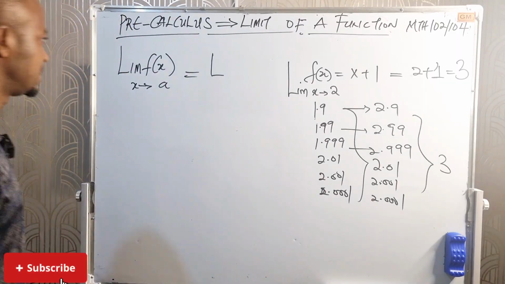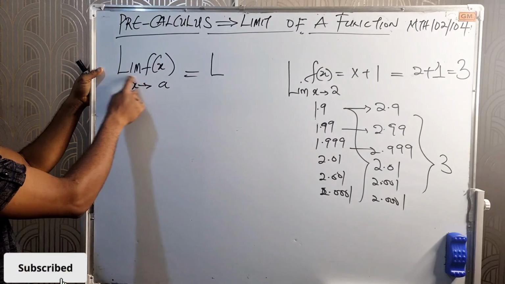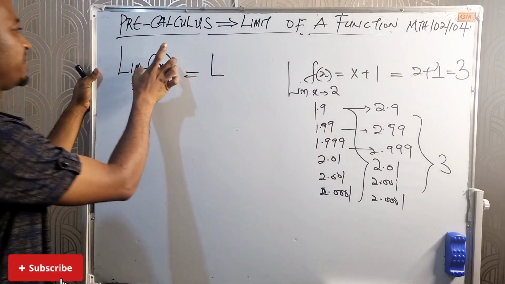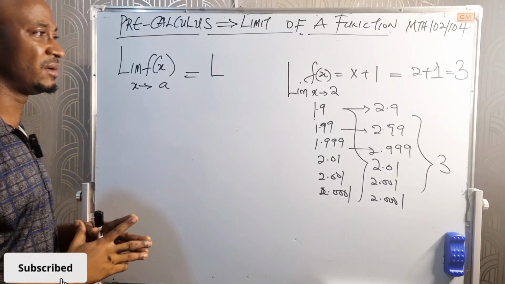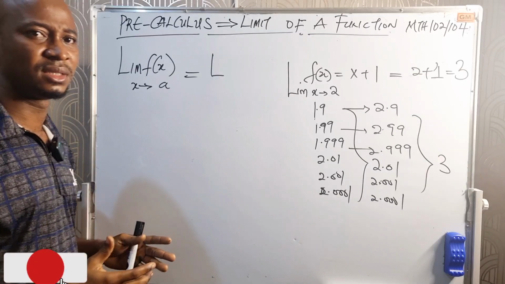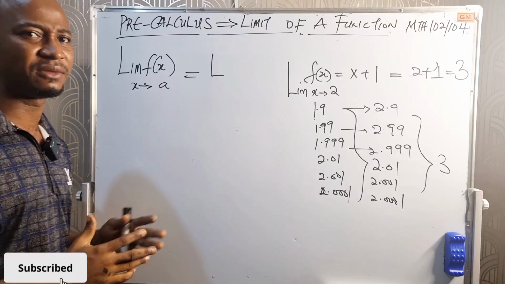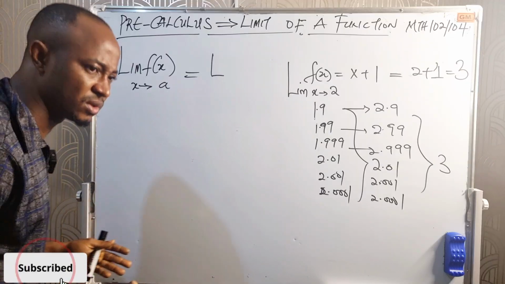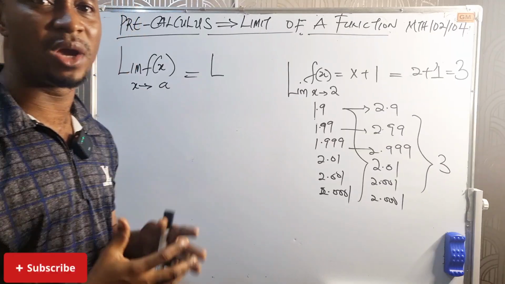So generally, limit is expressed as lim f of x, like we just saw. This f of x can be anything, can be a polynomial, can be a rational function, can be radical, can be logarithm, can be sine function, can be cosine function, can be a function that has square roots.